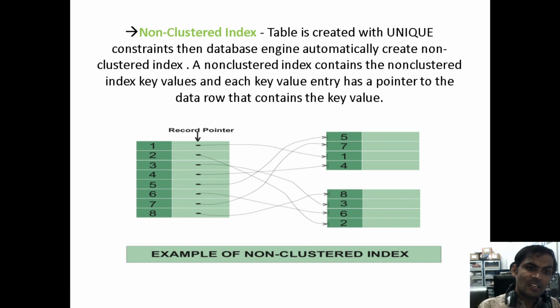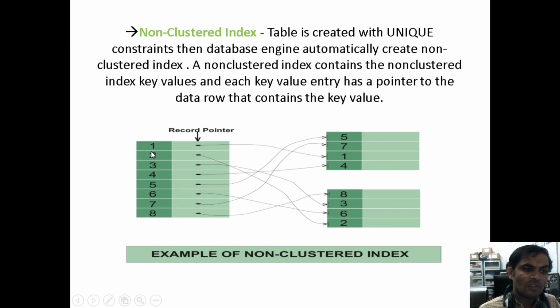If you are defining the schema at the SQL prompt with the create command, and for that specific column you use a unique constraint, then the Oracle optimizer automatically considers it a non-cluster index. A non-cluster index contains the key and value, and each key value has a pointer to the data row containing that key value.